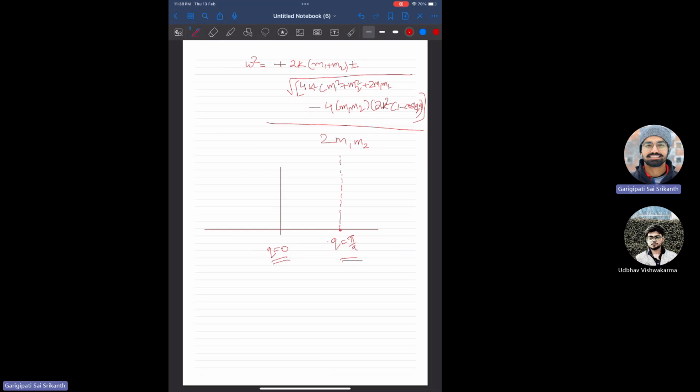Maybe we can touch upon what kind of systems do not follow these laws. Whatever frequency cutoffs you see at these two values, you'll see that there's no maximum or minimum in between.